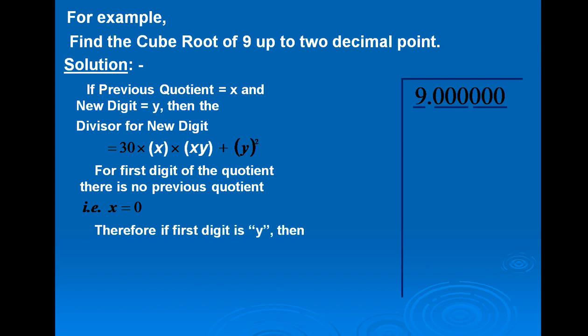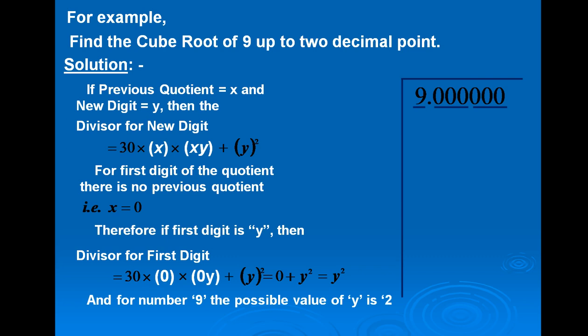Therefore, if the first digit is y, then the divisor is 30 multiplied by 0, multiplied by 0y, plus y square. Now 0 times anything is 0, so this is equal to y square.